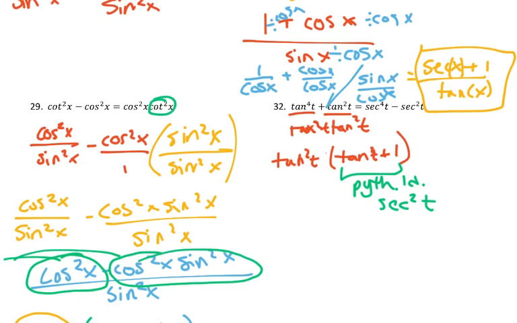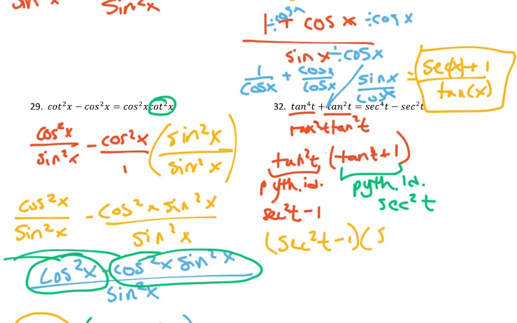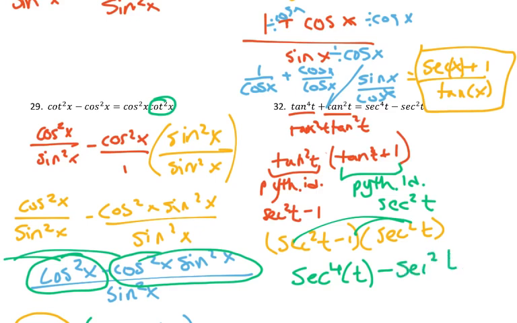By the Pythagorean identity, tangent squared can become secant squared minus 1. So we've changed the first piece into secant squared t minus 1 times secant squared of t. To get back, we would distribute that and get secant to the 4th of t minus secant squared of t.